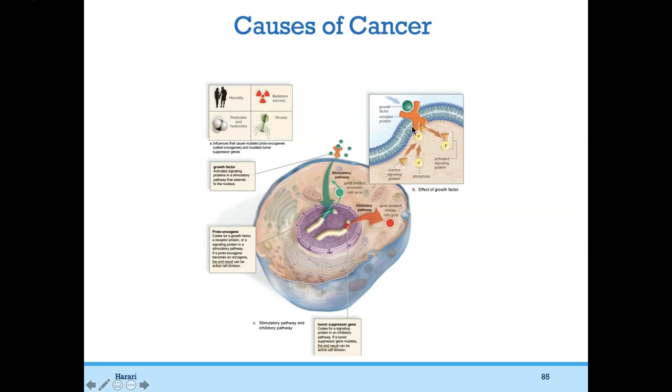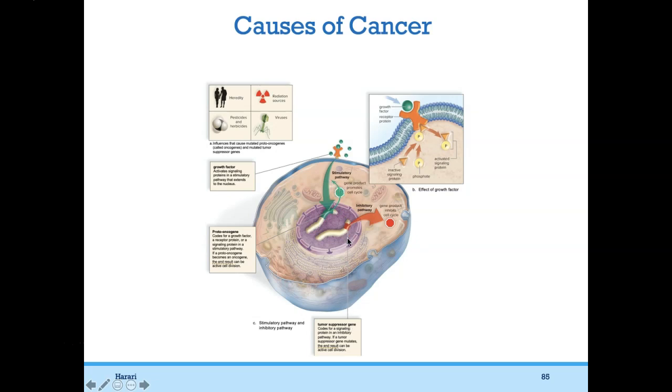We also said that a growth factor is a protein that activates signaling pathways that can extend to the nucleus. And a proto-oncogene is a gene that codes for a growth factor, a receptor protein, or some kind of a molecule that's involved in cell signaling to tell the cell to grow. So proto-oncogenes are gene products that promote the cell cycle.